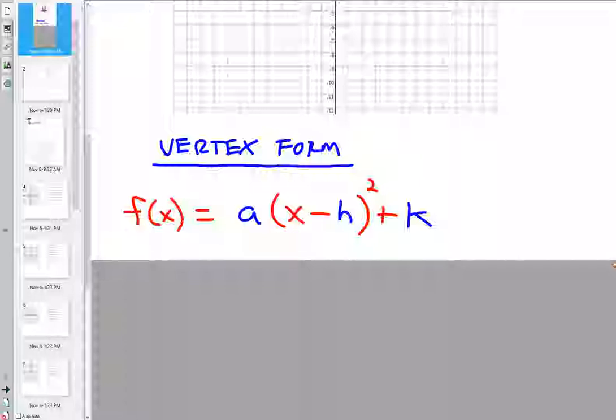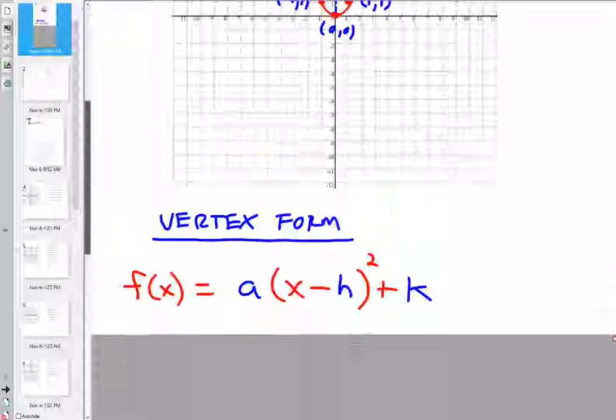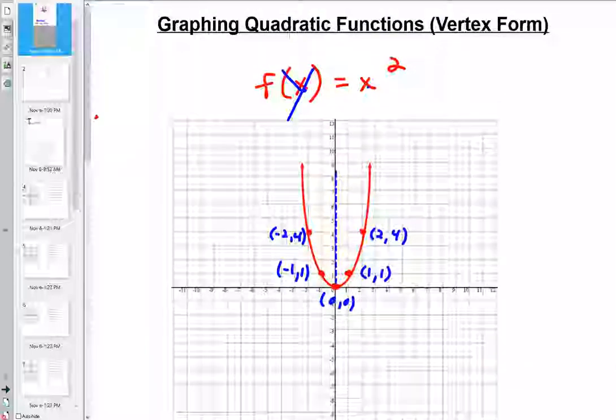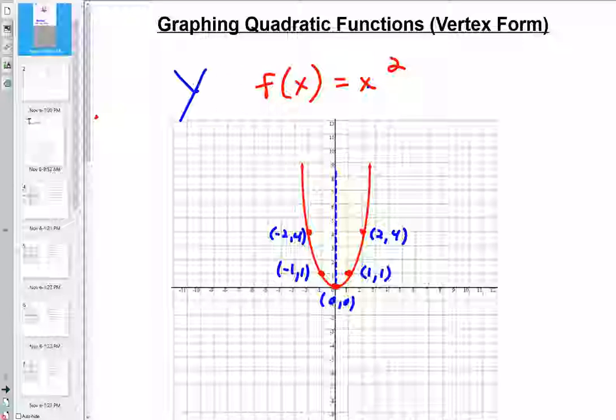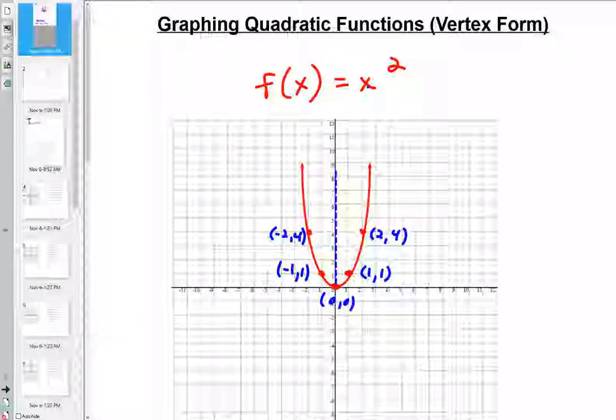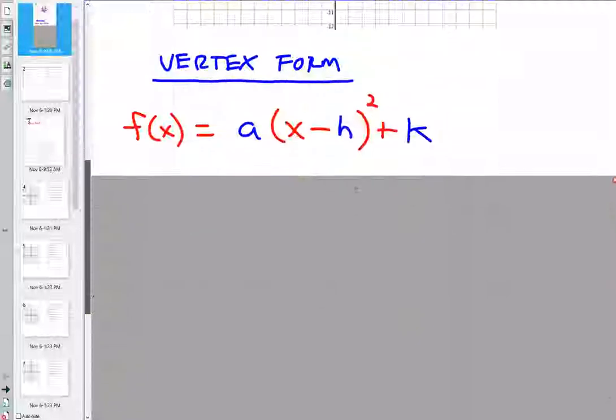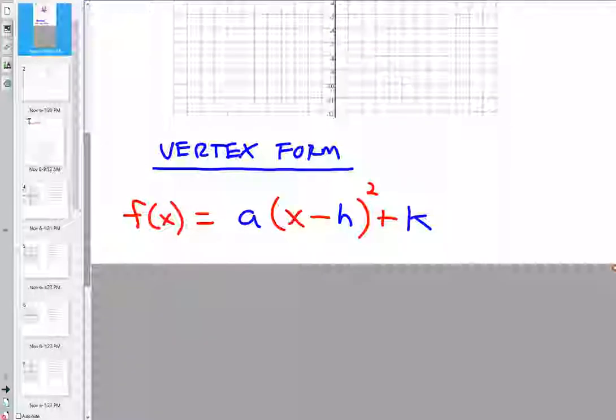Yeah, we see A, H, and K. If all I'm going to do is square a variable, I have a y, an x, and the square. If I now look at vertex form, I have a y, an x, and a square.